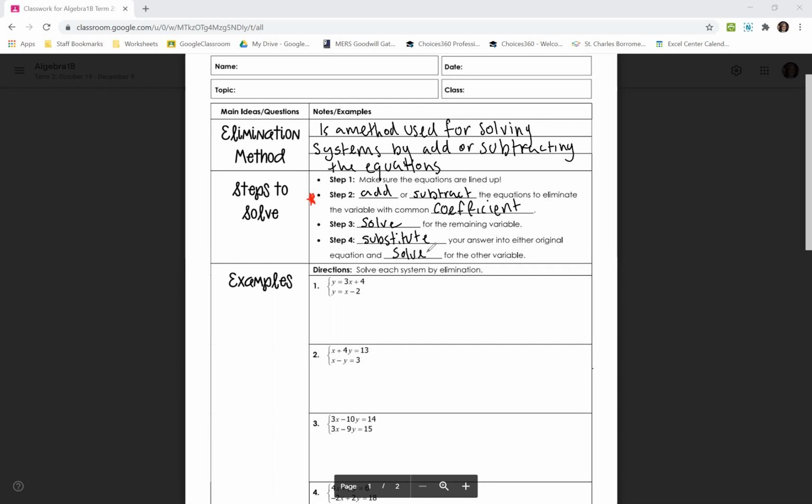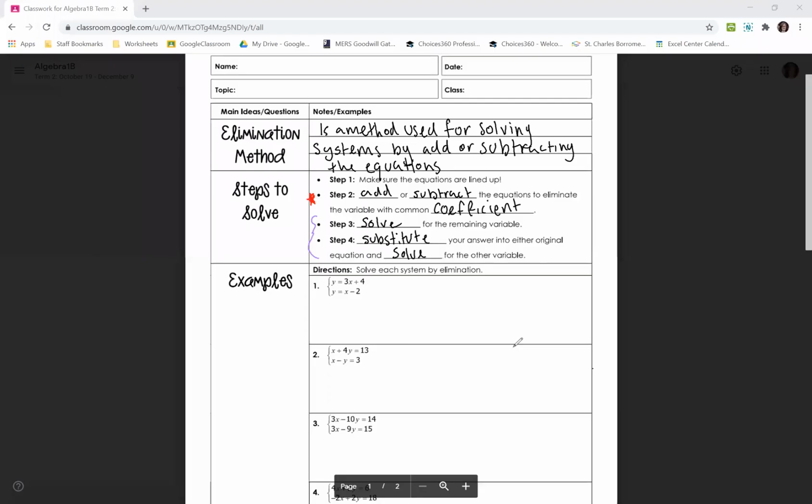These last two steps are the exact same steps as the substitution method, so we really just have these first two that are new in this technique.